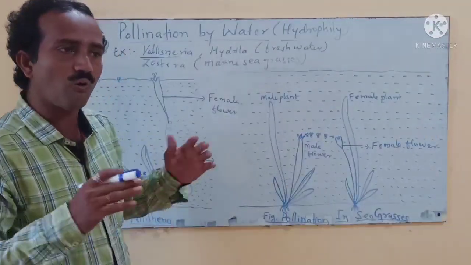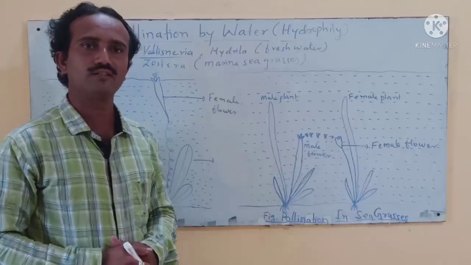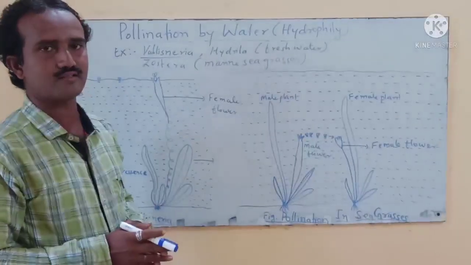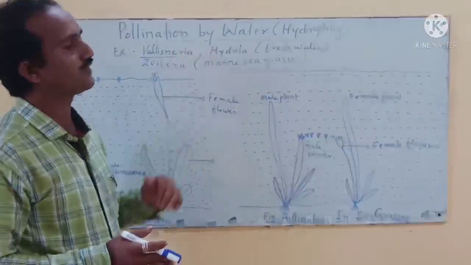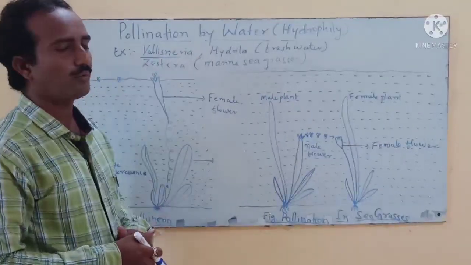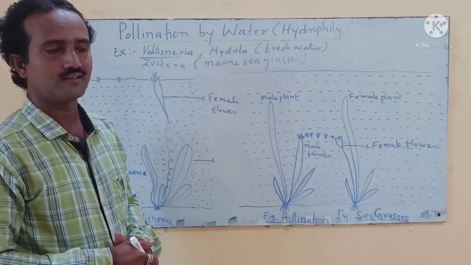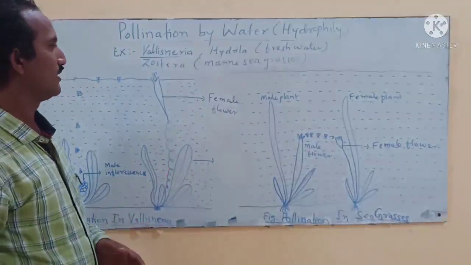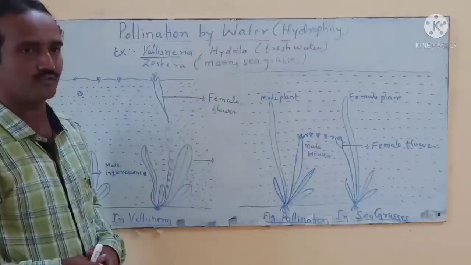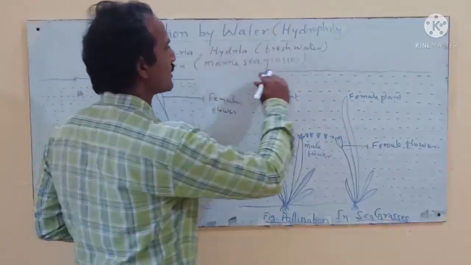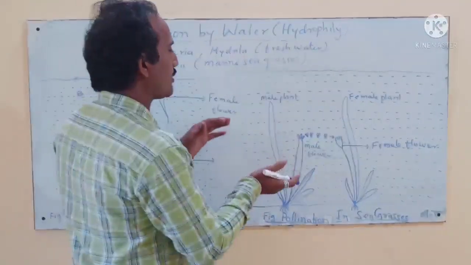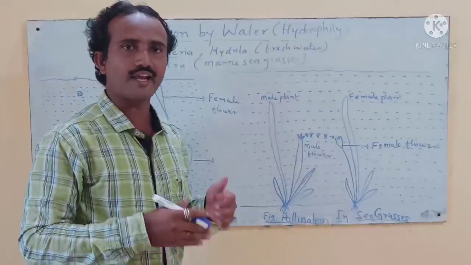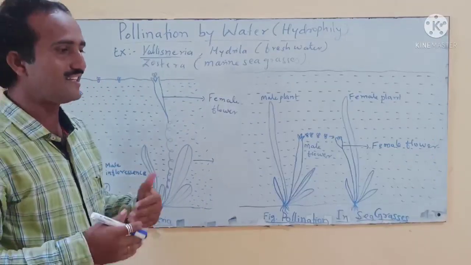So not all the aquatic plants will show hydrophily. They don't show the pollination by water. Their flowers are emerged at the surface of water, above the water surface. Above the water surface, they can carry out the pollination by insects.